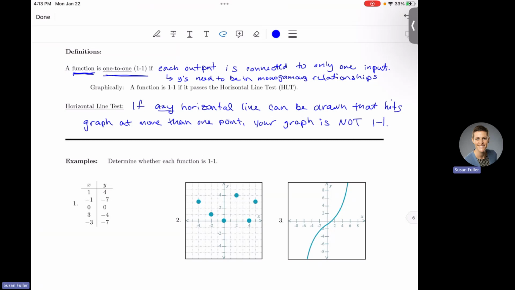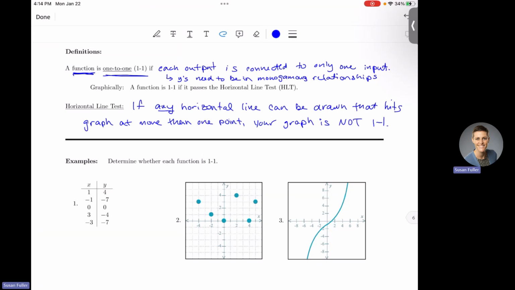Again, if you draw a horizontal line that fixes y, and it hits your graph at more than one point, that means that single y value is dating more than one x. That means that y is cheating and you are not one-to-one.